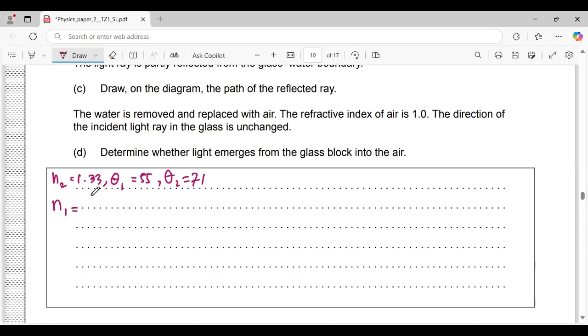N1 is N2 times sine theta 2 over sine theta 1.